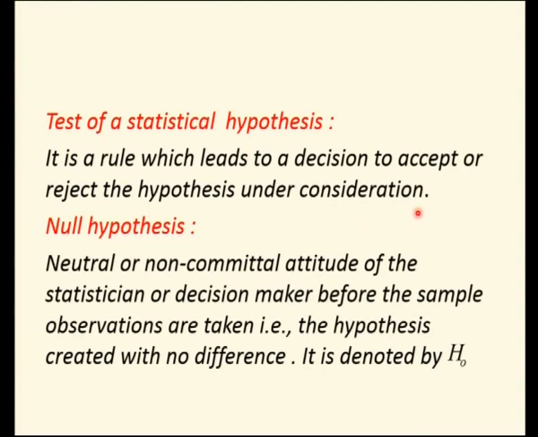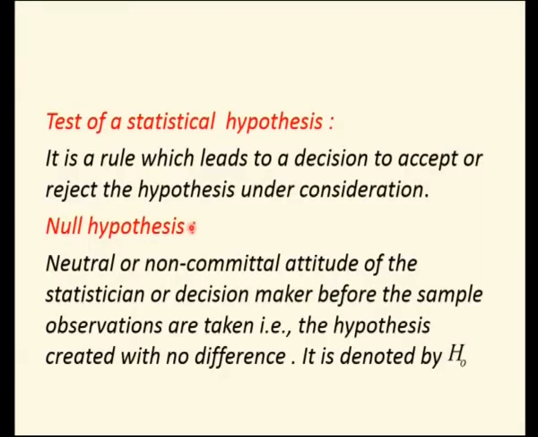Now, the main important thing is that whenever you want to accept or reject the hypothesis, you have to make some decision statement. So, that is being given by this particular definition, null hypothesis. So, neutral or non-committal attitude of the statistician or decision maker before the sample observations are taken.